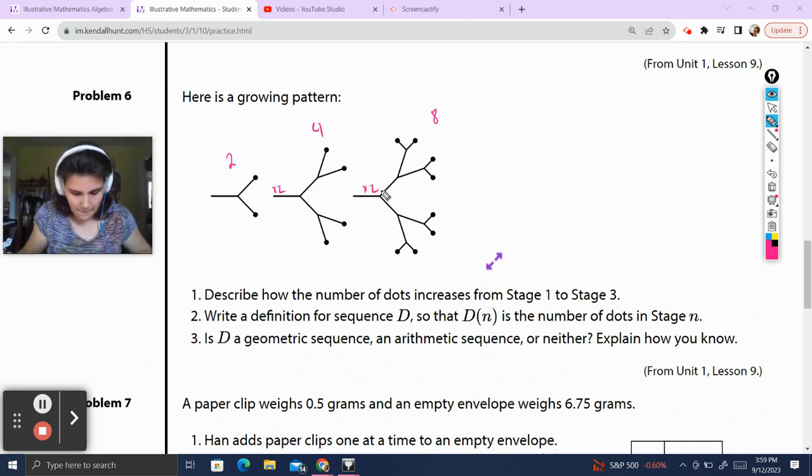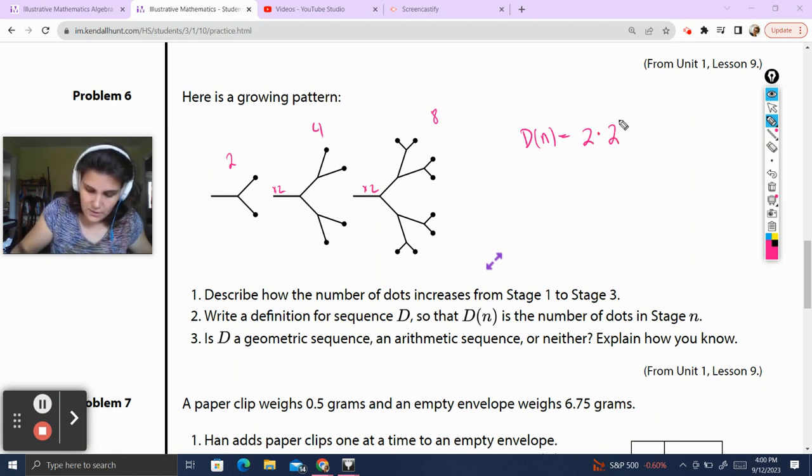I've described it. Write a definition for a sequence D so that D is the number of dots in stage n. So let's see. If D represents the number of dots, now I see that I'm multiplying by 2, so it's a geometric sequence. My initial term is 2, and for each additional term, it's going to be multiplied by 2.